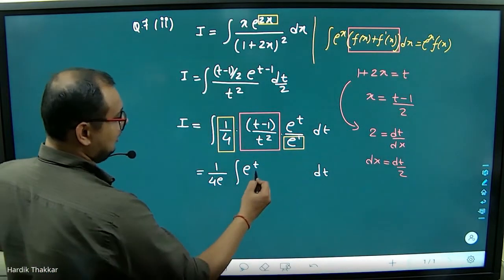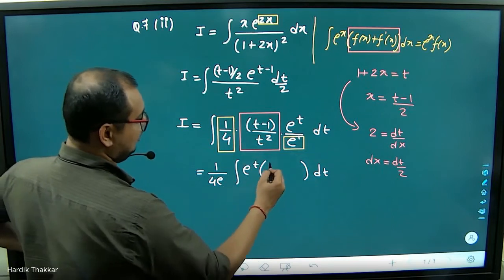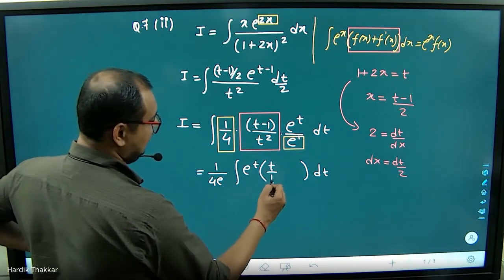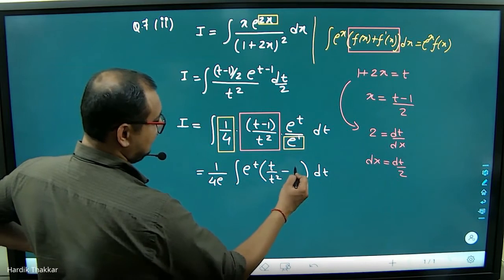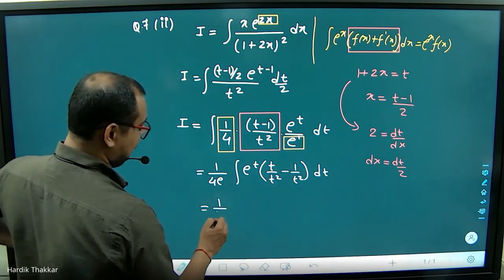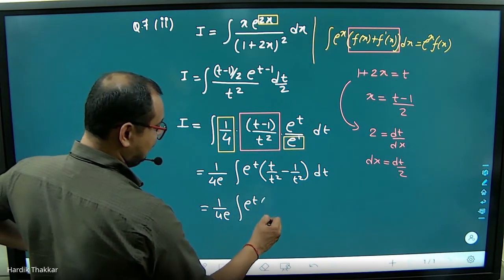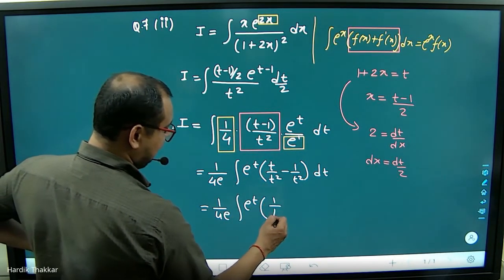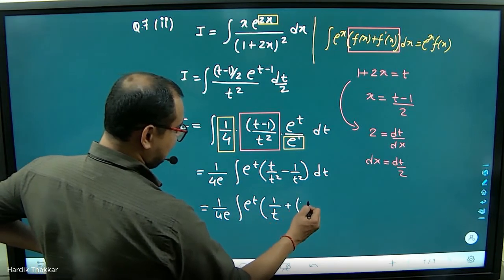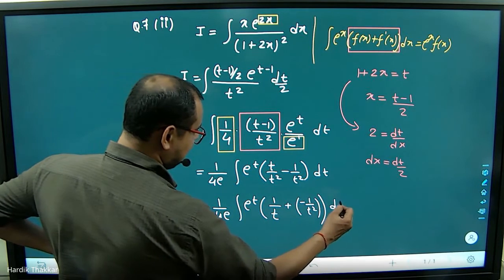So let's see whether we can do this or not. If I separate the denominator, it will be t upon t square minus 1 upon t square, correct? So further it is 1 upon 4e, integration of e raised to power t, (1 upon t minus 1 upon t square), bracket close, and this is dt.